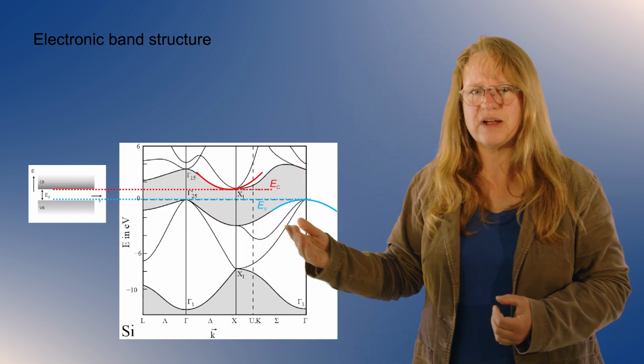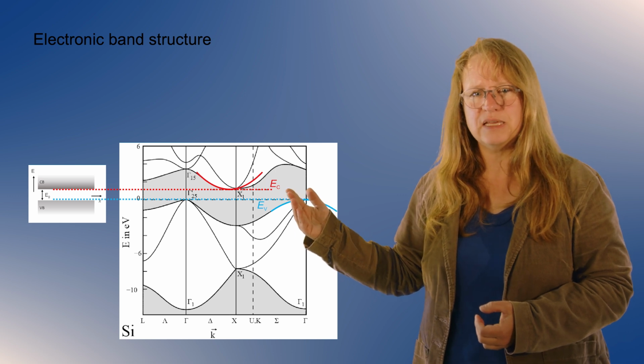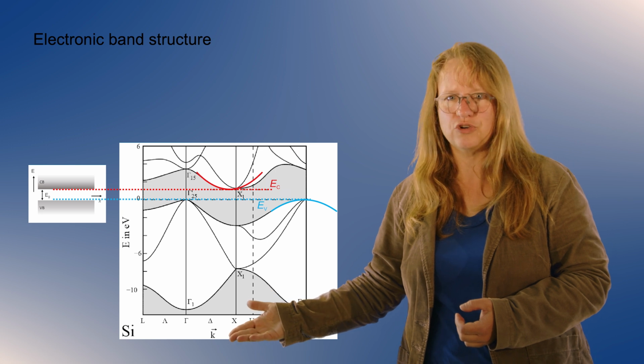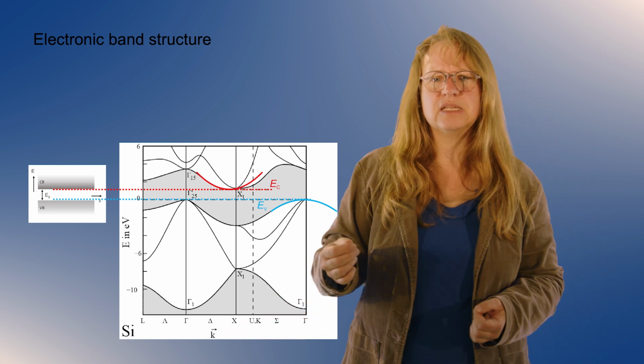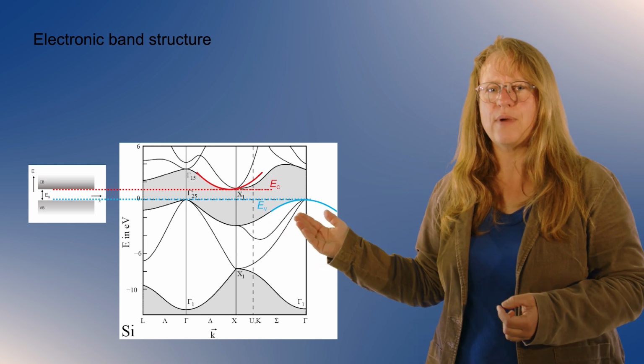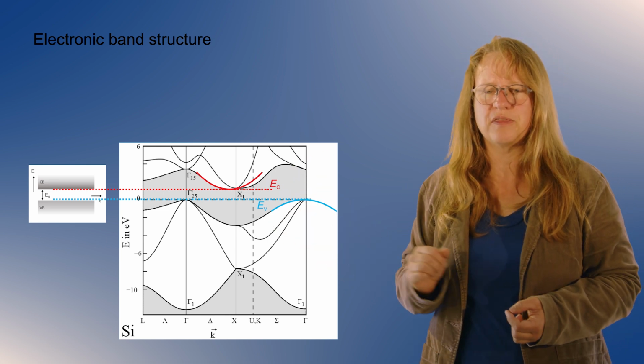And as a side remark, you can already see here that the highest filled state and the lowest unfilled state are not at the same wave vector. And this means that silicon is an indirect semiconductor. A direct semiconductor would have these at the same wave vector, on top of each other.